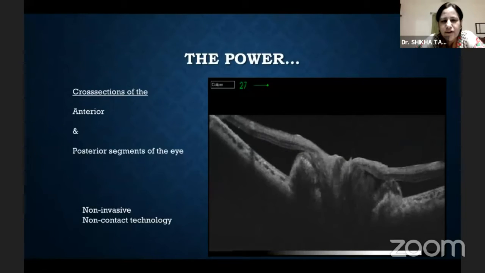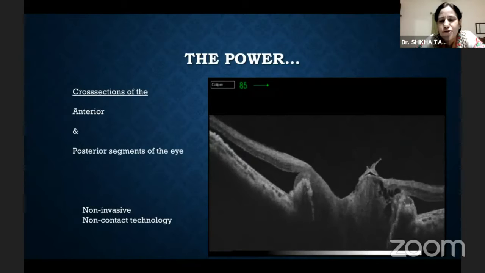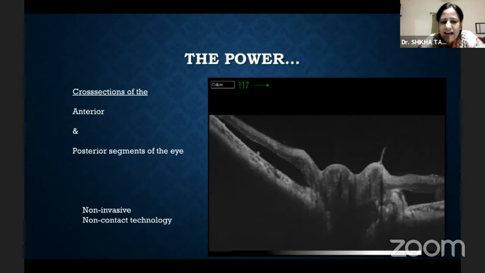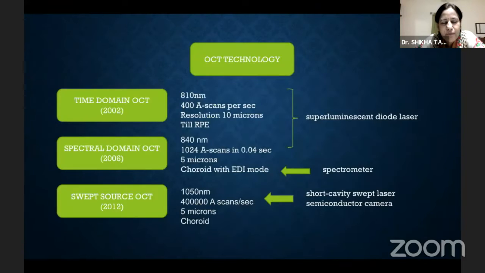The beauty, or the power, of this technology is that it gives high resolution cross-sectional images and it's non-invasive and non-contact. We all know the evolution of this technology from time domain to spectral domain to swept source OCT. With each evolution, the technology gives us faster images, deeper imaging, and better resolutions.